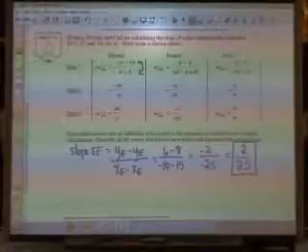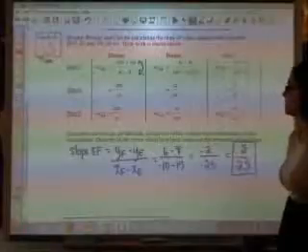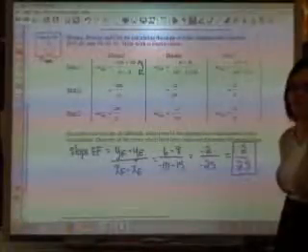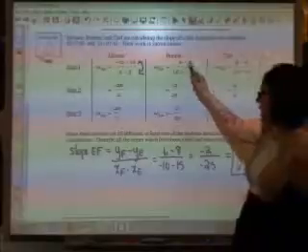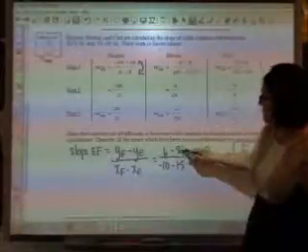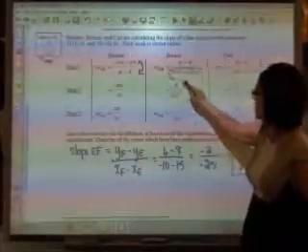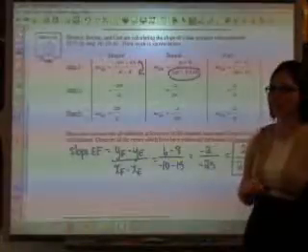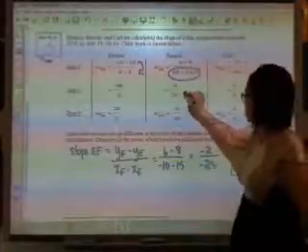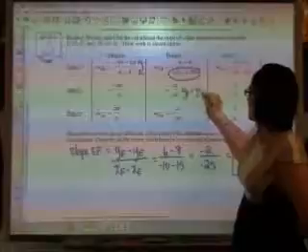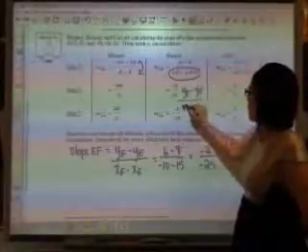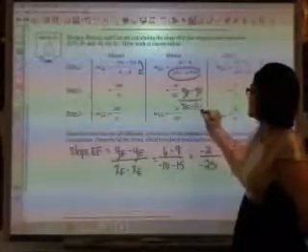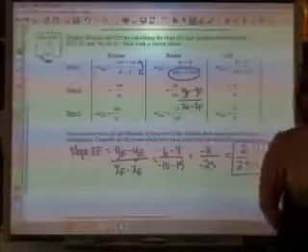What did Bonnie do? She didn't get rid of the negative. She didn't have F lined up with F and E. They're not matched up. Look, my 6 minus 8 matches here, but this part in here, she interchanged them. So she would have had YF minus YE over XE minus XF. That was her mistake.